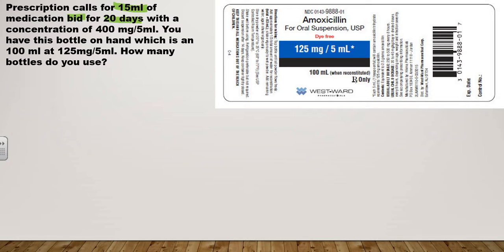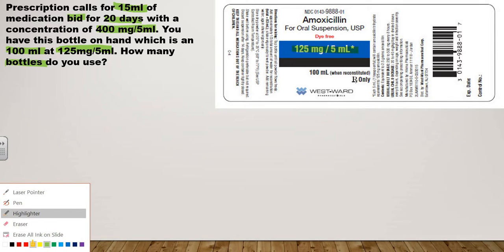I'm just upping the numbers for you. With the concentration, 400 milligrams per 5 milliliters. You have this bottle on hand, which is a 100 milliliter bottle, but its dilution ratio is 125 milligrams to 5 milliliters. Again, how many bottles do you use?